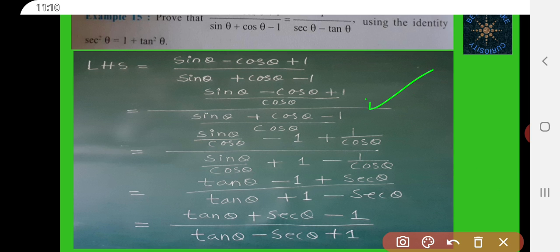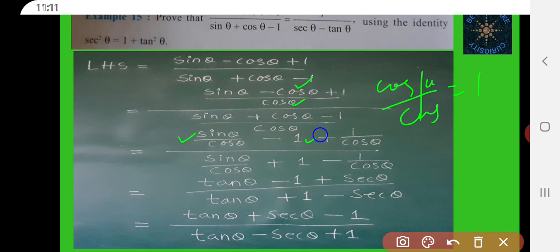Now you separate the terms. Divide sin theta by cos theta, cos theta by cos theta, and 1 by cos theta. You write sin theta by cos theta. Cos theta by cos theta is equal to what? Cos theta by cos theta is 1.